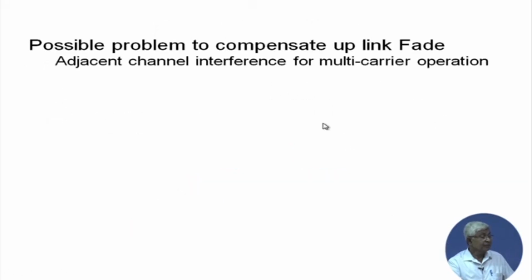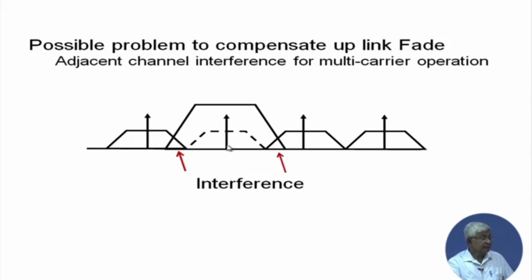The possible problem because of that is, because you are increasing the power, adjacent channel interference in multi-carrier operation can take place. That can be shown like this: these are the different transponders, which are adjacent channels. This is the frequency x axis, and the y axis is how much power you are operating. Now, this type of segmentation or transponder separation we have seen in the spacecraft discussion.